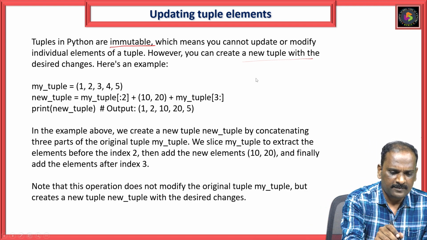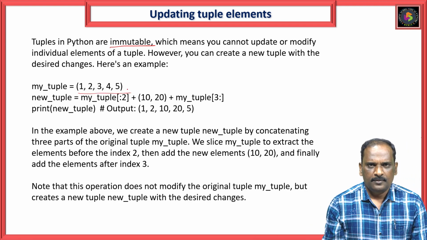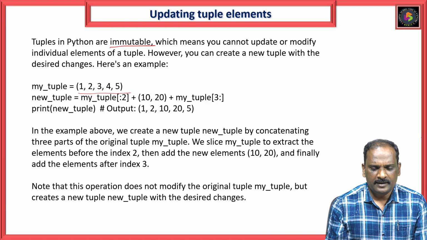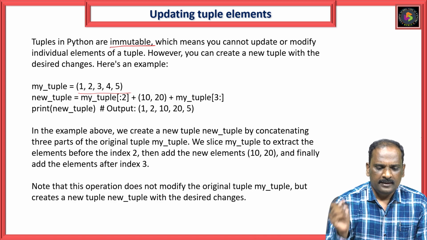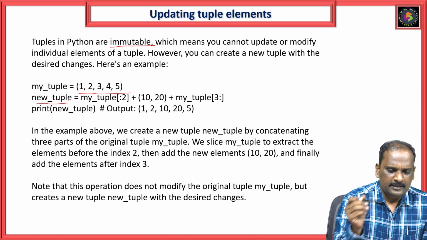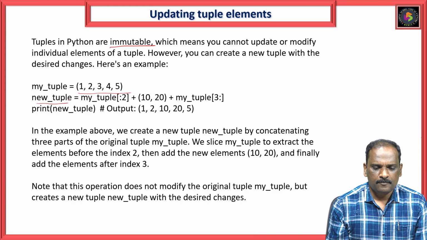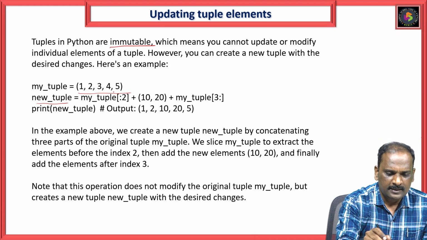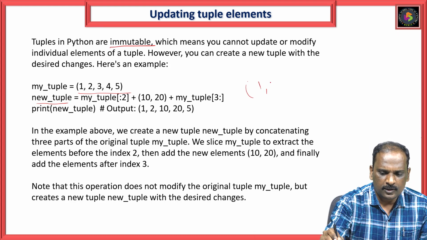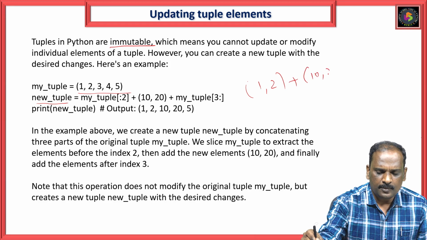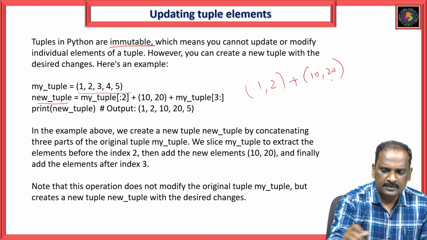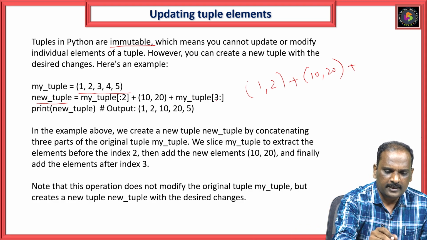Here, one of the examples given is my tuple, containing 5 values inside the parentheses separated by commas. Here, a new tuple is created. What does the new tuple contain? The elements up to index 2, that is 1, 2, plus 10, 20, plus from index 3.